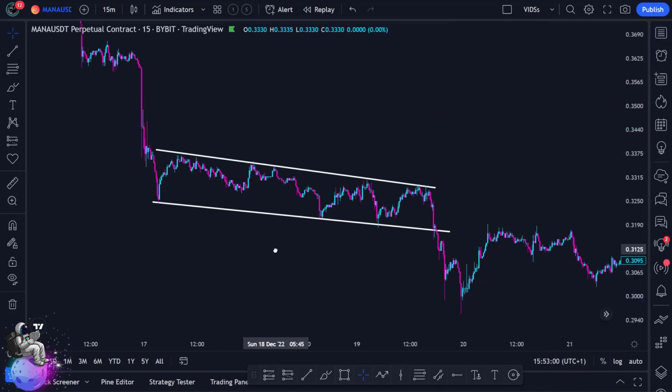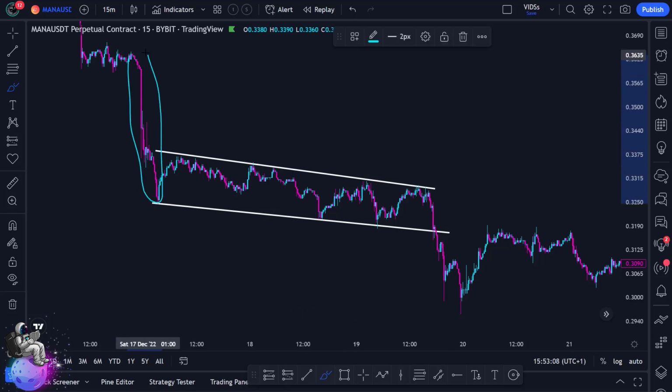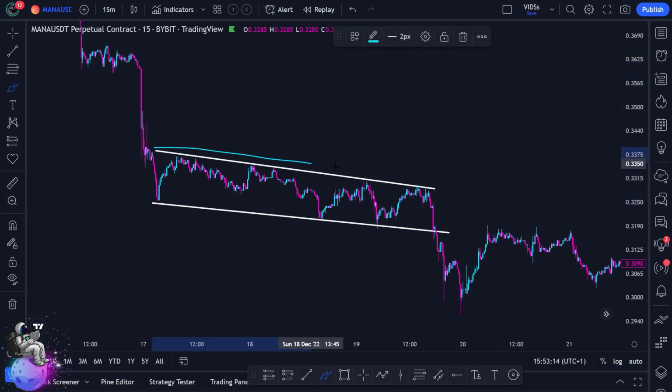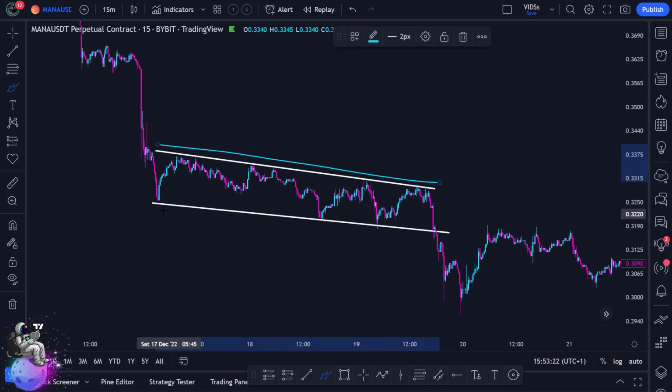Now let's look at an example of a selling position. We also see this on the price of mana. Actually, we now want to see the exact same pattern, only the other way around. Now rule one is that we want to see a big drop down on the price. This means that there are a lot of sellers and that the price may go down even further. Rule 2 now is that we want to see another channel pattern, only now the lines must move down.